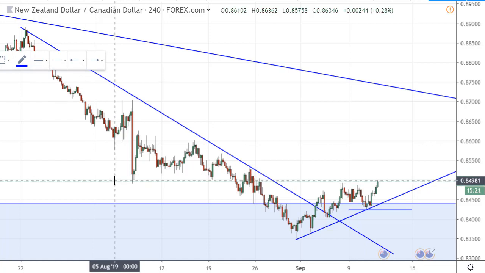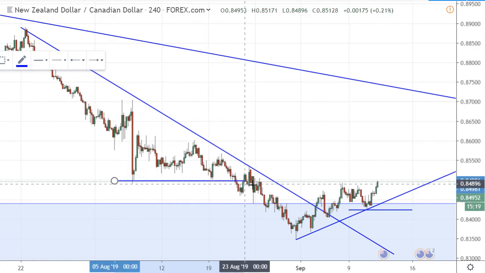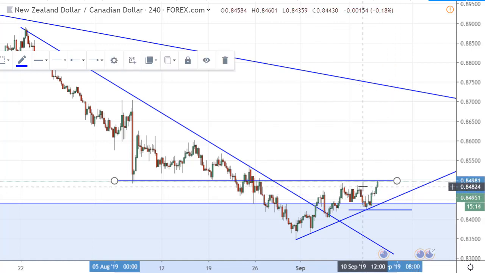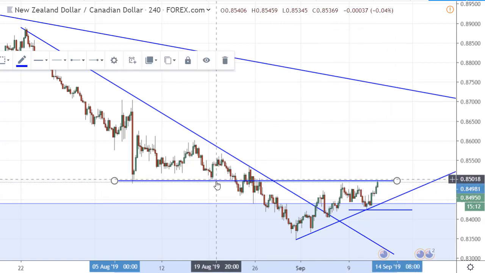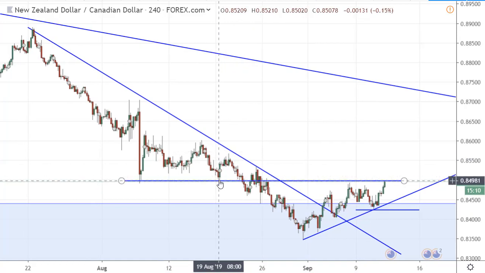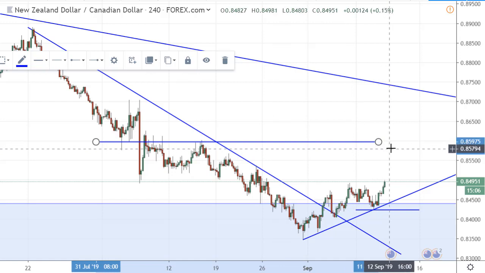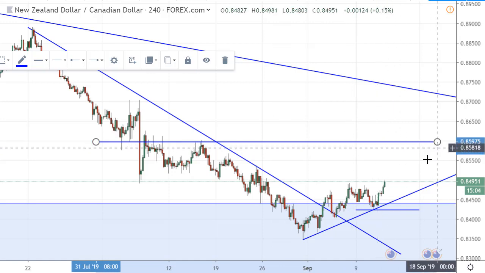That is this area where price was support over here, turned a little resistance, and now this is still a resistance area. So this is the first level it will encounter. After that we will find another area where support and resistance was met.